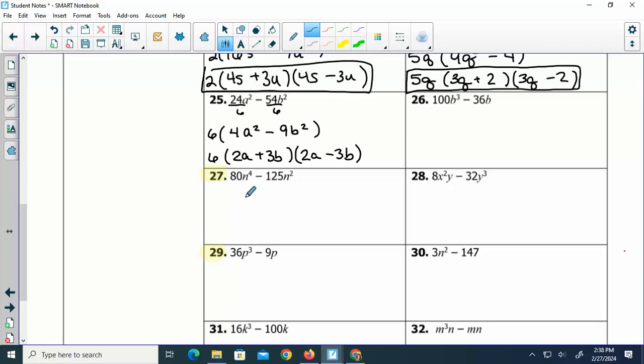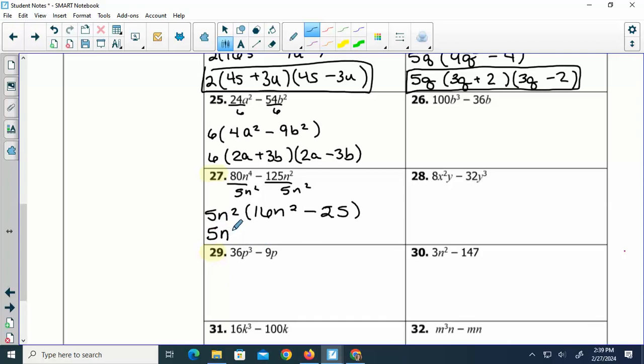27. What are both of those divisible by? What else do they have in common? So 80 divided by 5 is 16. N to the 4th divided by n squared is n squared. 125 divided by 5 is what? And all of those n's are gone.